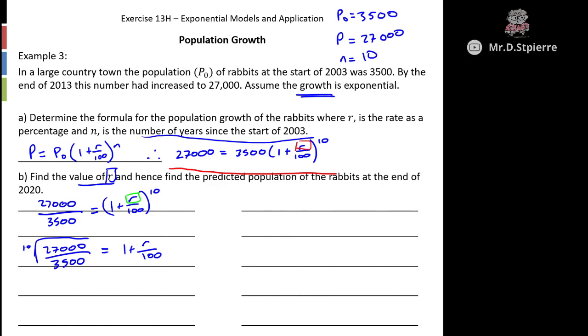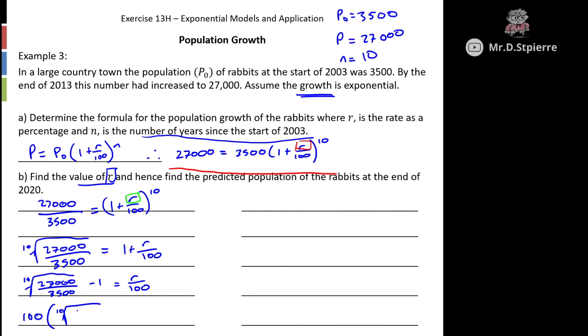So what do we get from here? Take 1 from both sides, so we get the 10th root of 27,000 on 3,500 minus 1 equals r on 100. So we get 100 by the 10th root, and I can cancel this down.